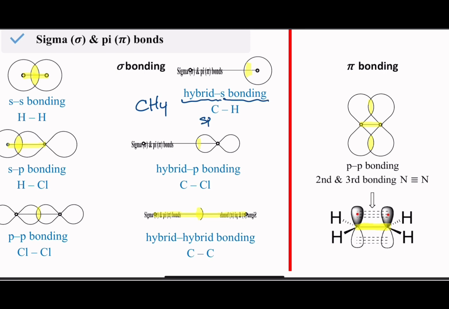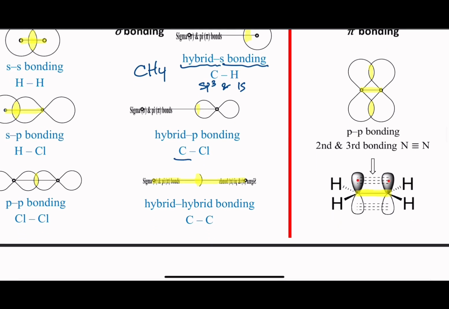This was sp3, and this was the 1s orbital. And then, for example, if you do carbon CCl4, we know that, not like hydrogen, in chlorine the last valence electrons are located on the p orbital, so they make bonding with sp3 and then the p orbital.